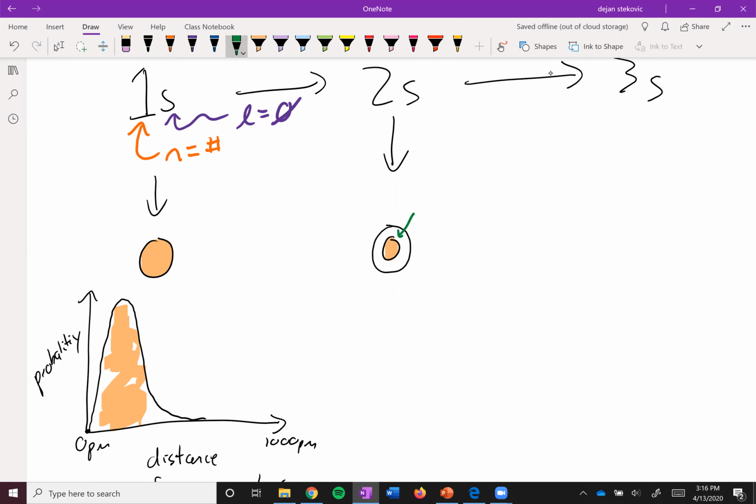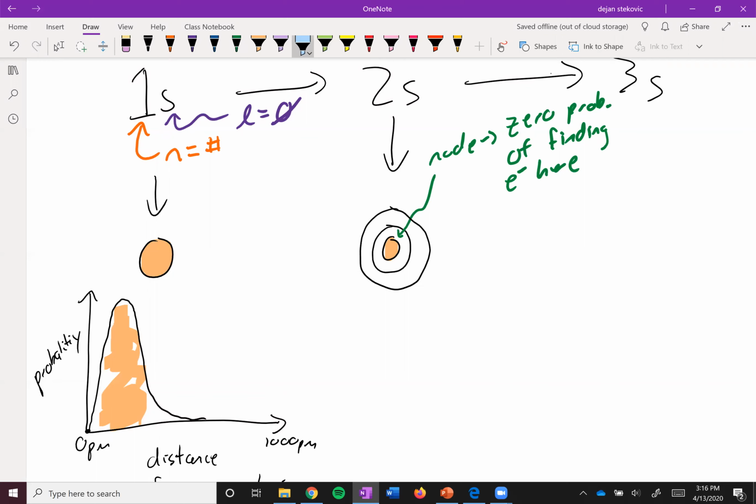So this right here in white is the node, and there's 0 probability of finding the electron here. And then outside of this node, there's going to be another layer, and then there is a probability that you're going to find the electron there.